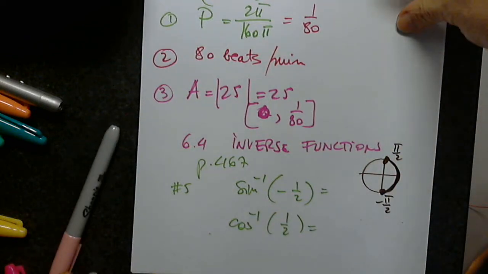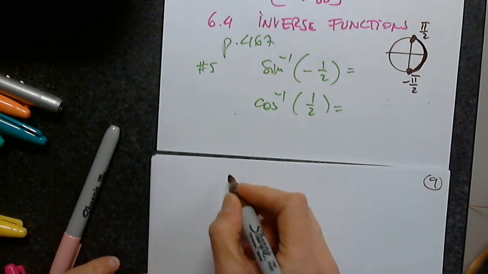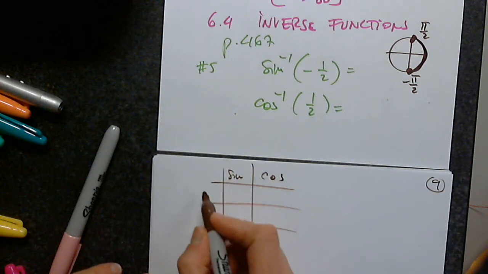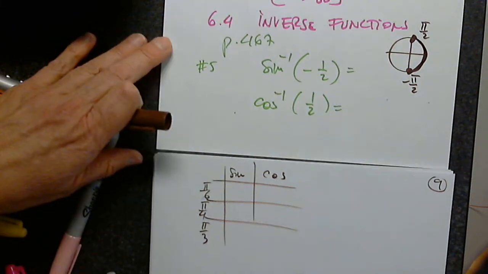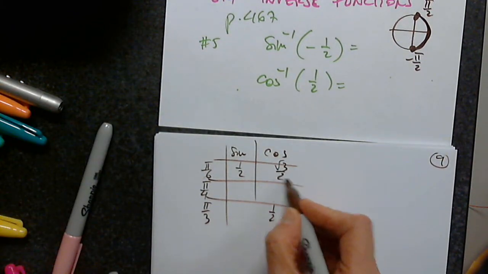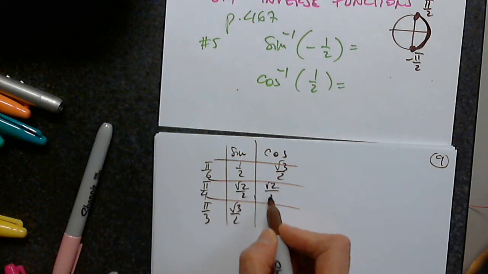And maybe it's time now to rewrite that little chart for you. And I'll write it several times. So sine, cosine, π/6, π/4, π/3. How do I remember this? 1/2, 1/2. The square root of 3/2, the square root of 3/2, and the square root of 2/2, the square root of 2/2.